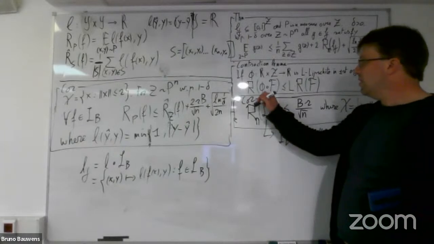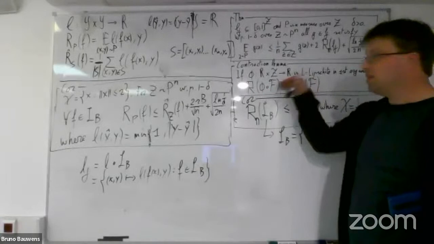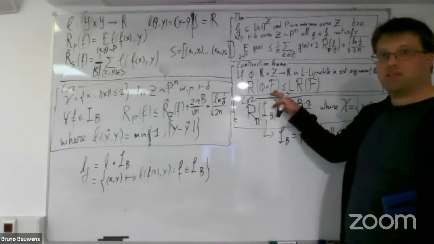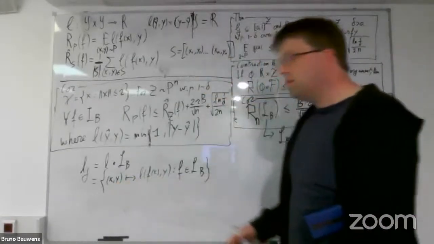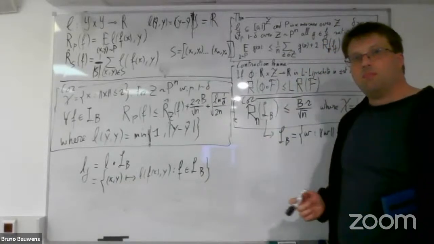And so when I apply this, it means I use both arguments of functions in F and values of these functions in F on these arguments. This is what's happening here. Isn't x and y vectors?